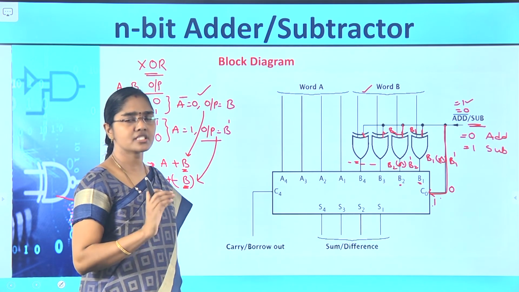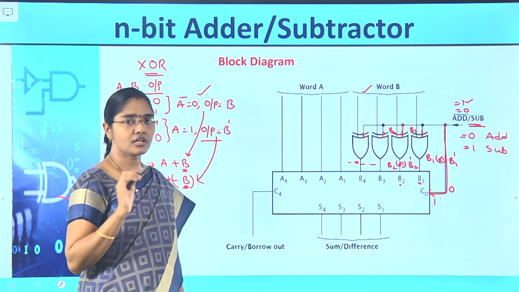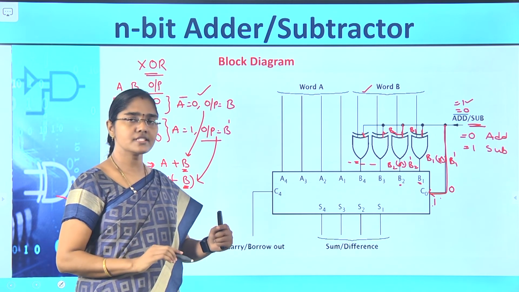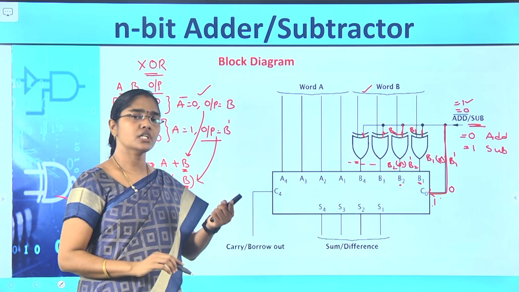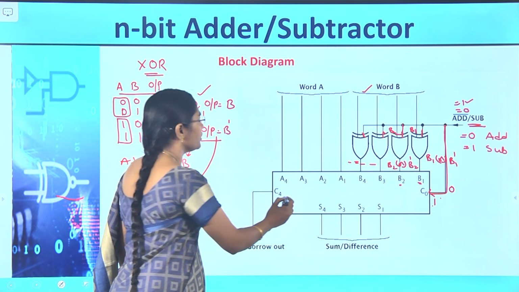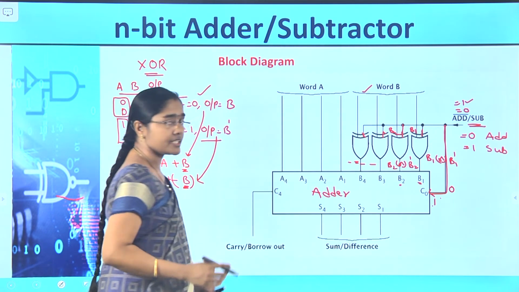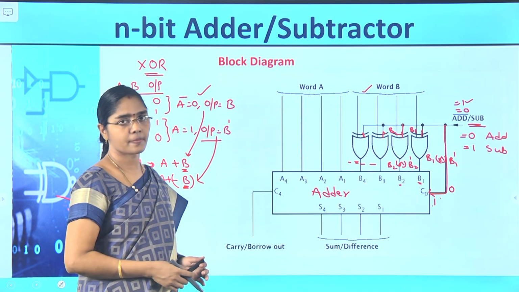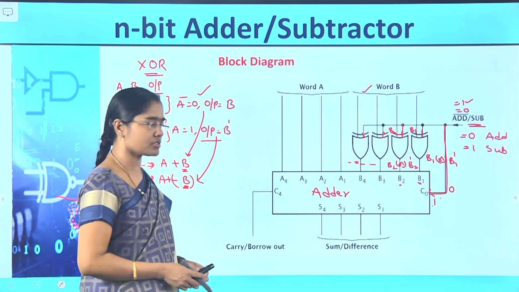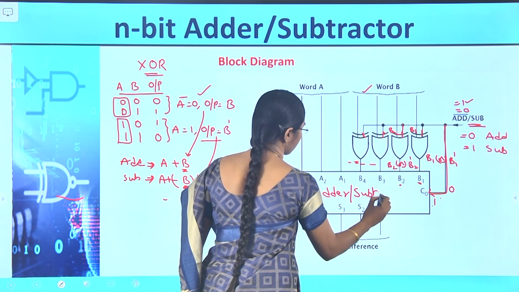So simply by changing the NOT gate into an XOR gate with the use of one extra control signal, when it is 0 it is addition and when it is 1 it is subtraction operation. So the same adder is used for both addition and subtraction operations. So this is called an adder-subtractor.